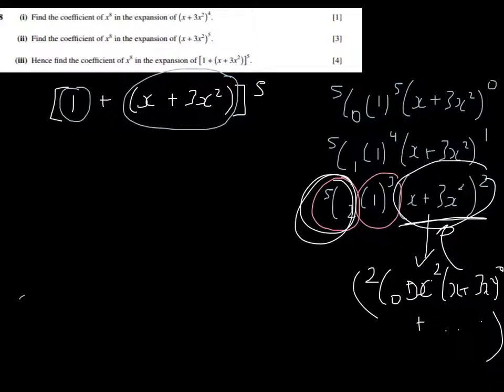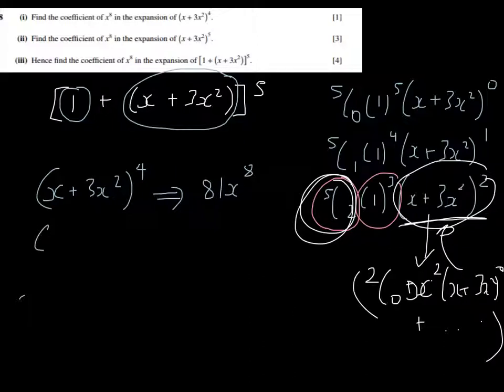Okay. The main thing here, though, is that I don't actually have to do any more work. I have already worked out for part 1 that when I have (x plus 3x squared) to the power of 4, the coefficient of the x to the power of 8 term is 81, and I've already worked out for part 2 that when (3x plus 2) is to the power of 5, the coefficient of the x to the power of 8 term is 270.